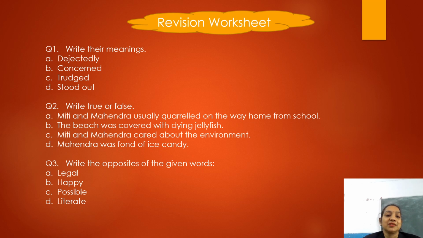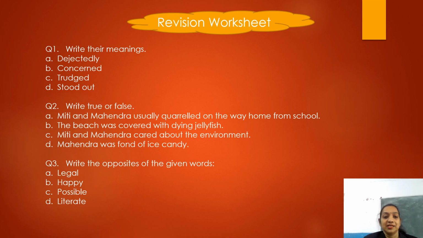So first word is legal. Next word is happy. Another one is possible. And the last word is literate. So you have to give the opposite words of these given words.